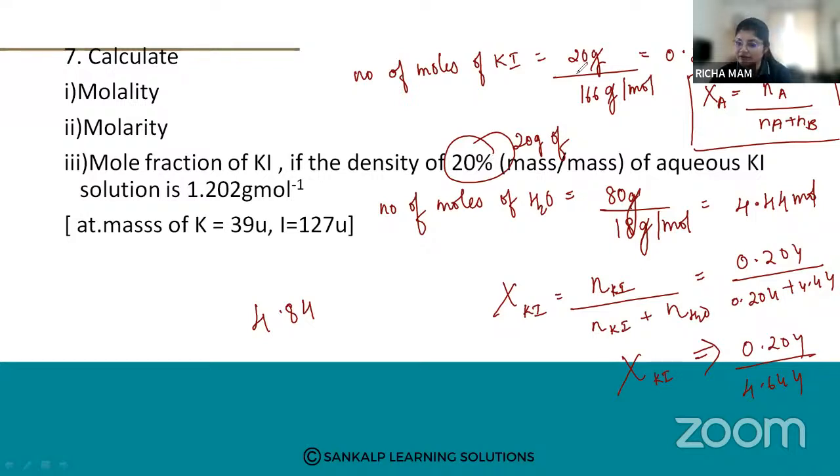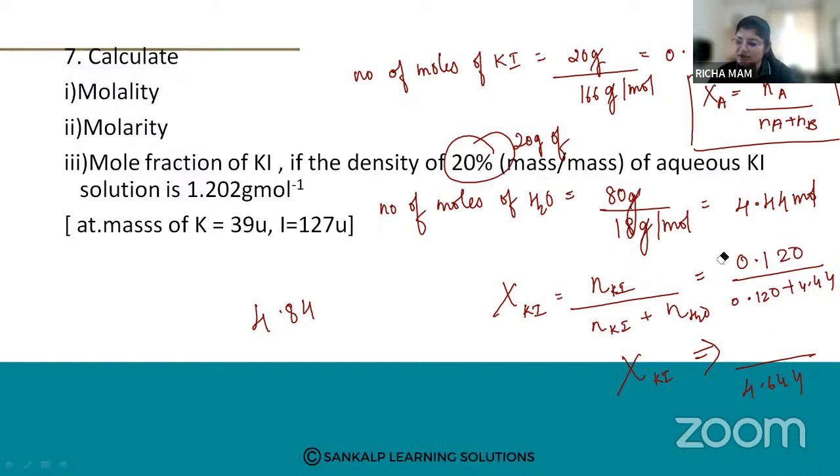20 divided by 166. Sorry, here it will come differently. Make the correction. Here, the number of moles of KI is 0.120. So similarly, this also will change.